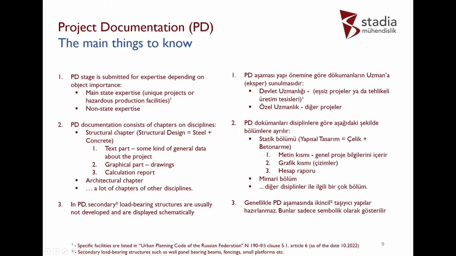This book consists of chapters, structural and a lot of others like ventilation, mechanical. I think there are more than 30 different things, ecological things, but we are talking about construction parts, and usually they are represented by structural and architectural chapters.